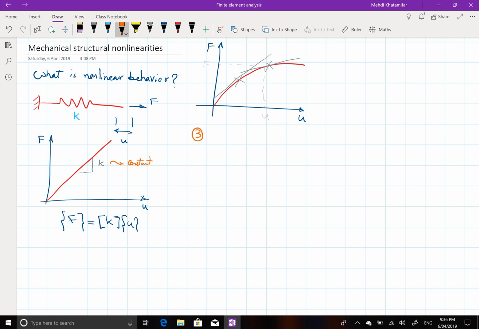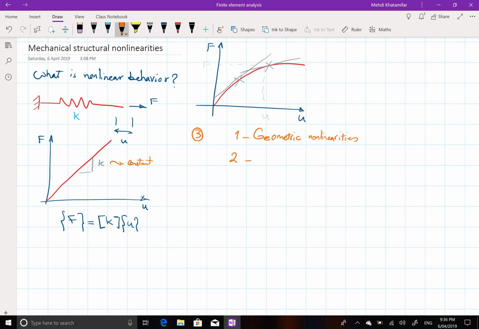So three main. The first one is going to be geometric nonlinearities.